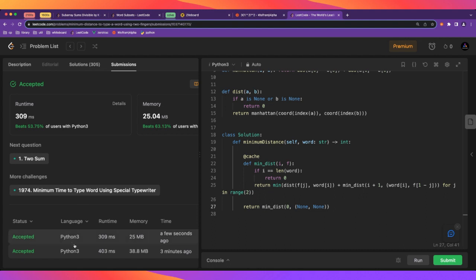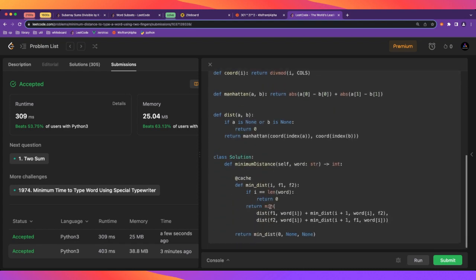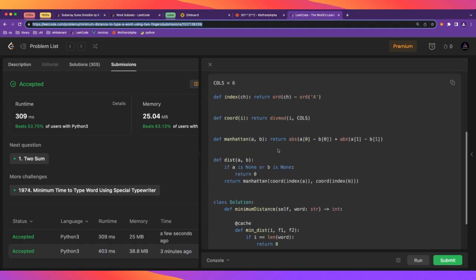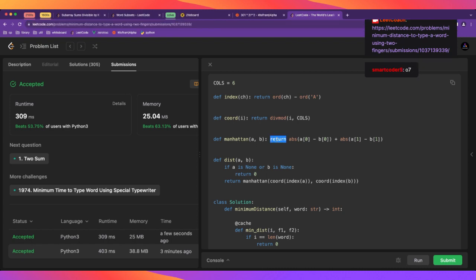By the way, let me share my solution. So notice, smart coder, that I broke it down to very simple functions, helper functions. I think one heuristic to know when you can have a helper function is when they are very independent and general.